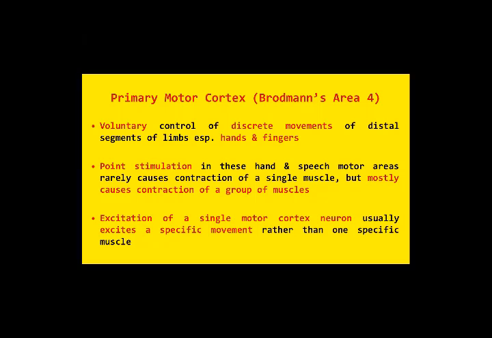So we can deduce that excitation of a single motor cortex neuron will usually excite a specific movement rather than one specific muscle. So to conclude, primary motor cortex is responsible for the discrete movements of the upper limb, especially the movements of hands and fingers.